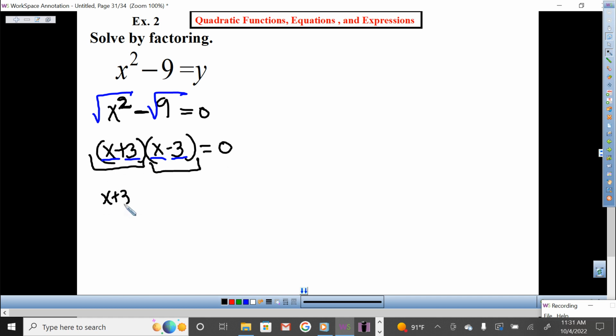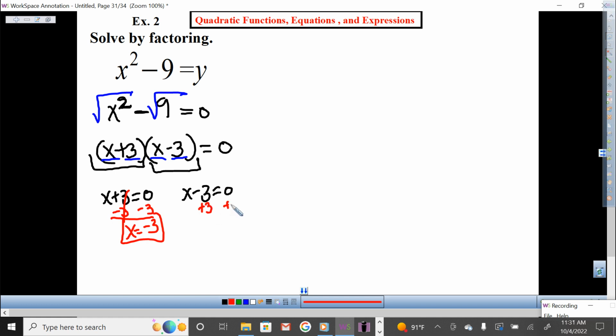That x plus 3 could equal 0, or x minus 3 could equal 0. Copy that, please. And at that point, we just solve each equation and we're done. Here we go. Minus 3 minus 3, x equals negative 3. Plus 3 plus 3, x equals 3.